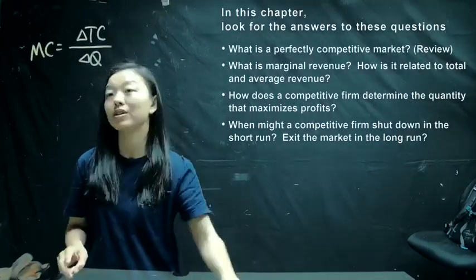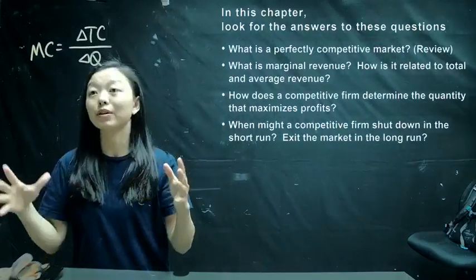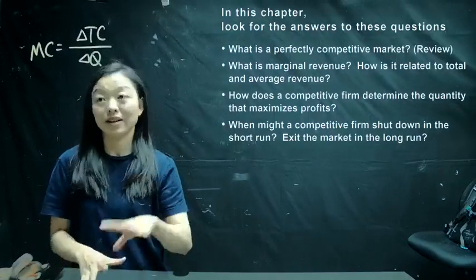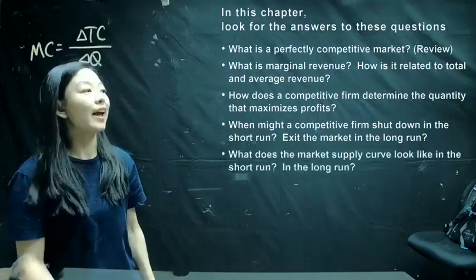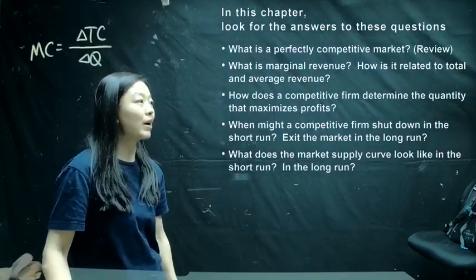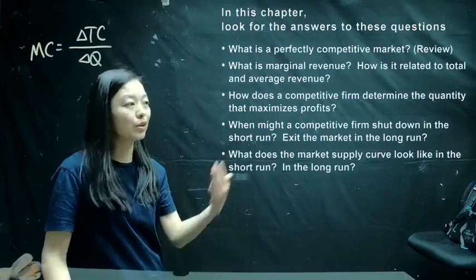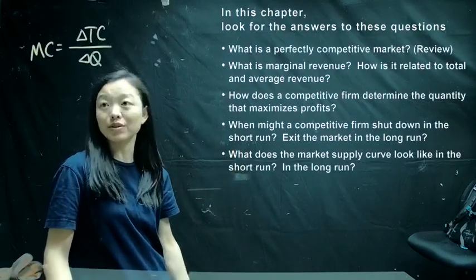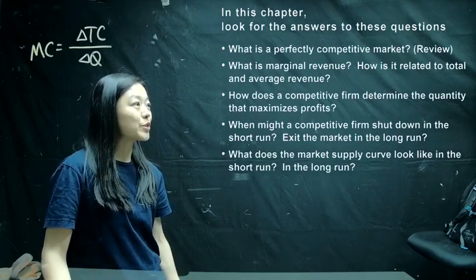Here you notice I use two different verbs: in the short run the firm might shut down, but in the long run the firm might exit. Then at the end, we would like to learn what the market supply curve looks like in the short run and in the long run. Those are the several parts we try to find answers to in this chapter. Now let's look at the first one.